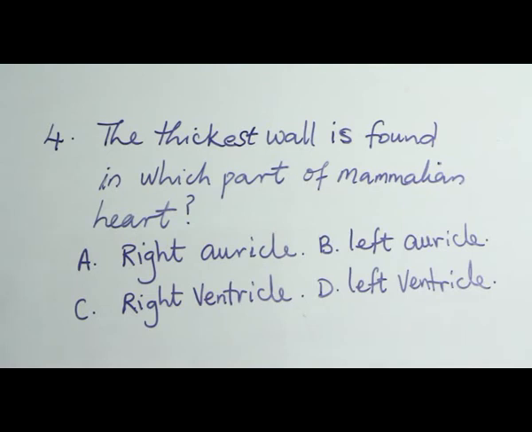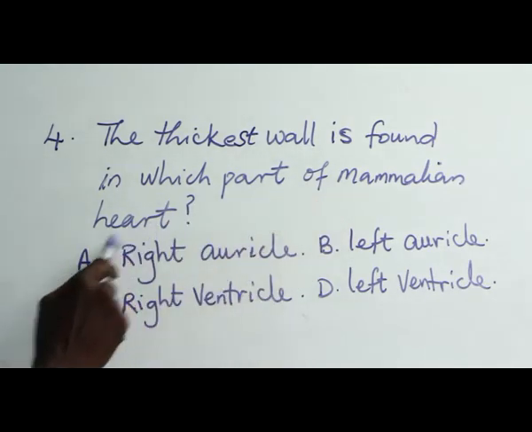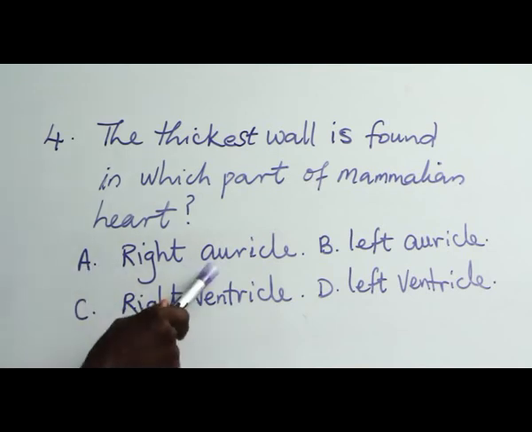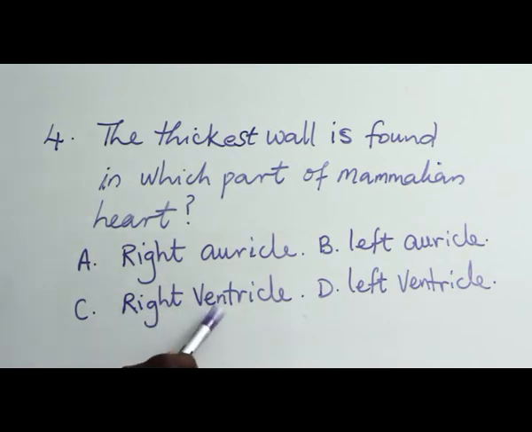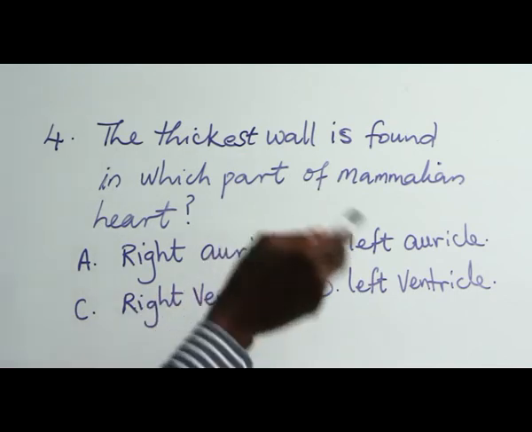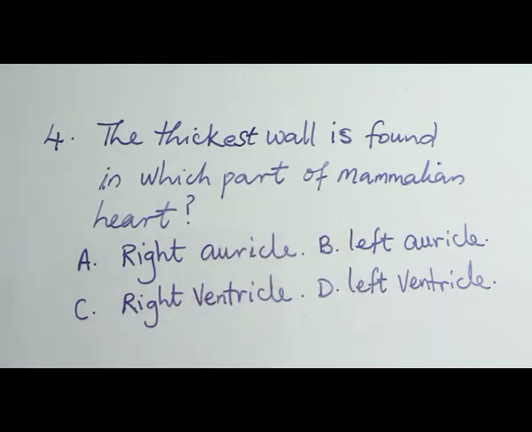Example 4. The thickest wall is found in which part of the mammalian heart? A, right auricle. B, left auricle. C, right ventricle. D, left ventricle. A careful look at the diagram of the mammalian heart, one could see that the auricles are not very thick in their wall, but the ventricles are thick walled because they are pumping blood out of the heart.